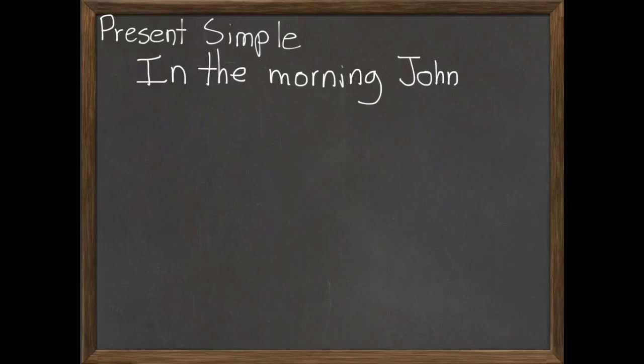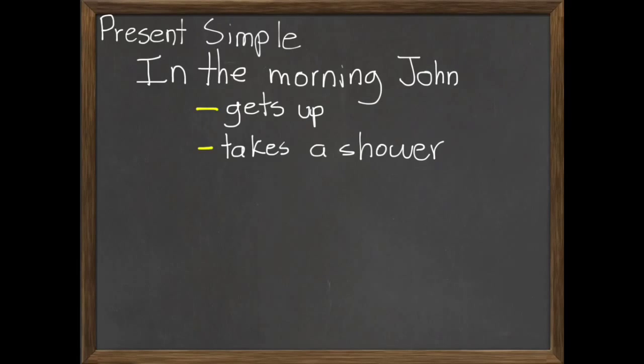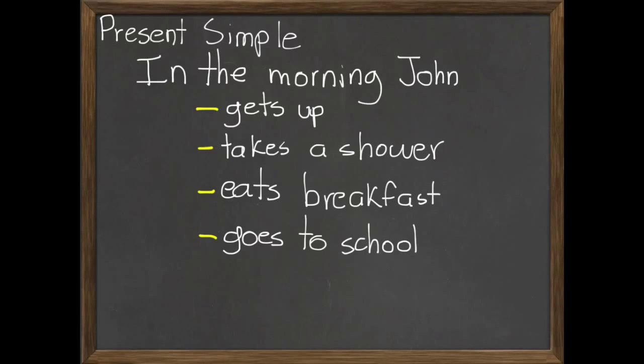So now let's look at some examples. In the morning, John, let's talk about John, he gets up, he takes a shower, he eats breakfast, and he goes to school. Gets up is the third person form for get up.